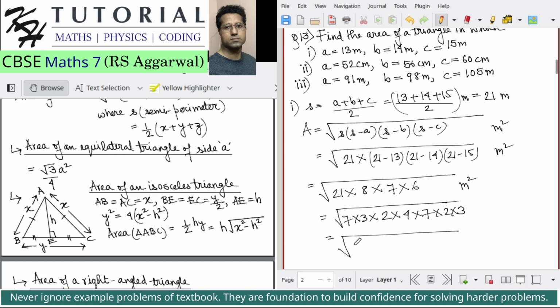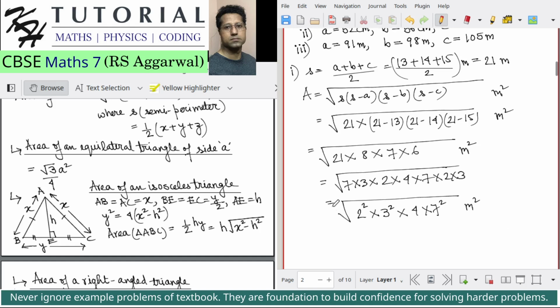So we have 2 square multiplied by 3 square multiplied by 4 multiplied by 7 square, this much meter square. So this is equal to 2 multiplied by 3 multiplied by 2 multiplied by 7, this much meter square, which is equal to 84 meter square.